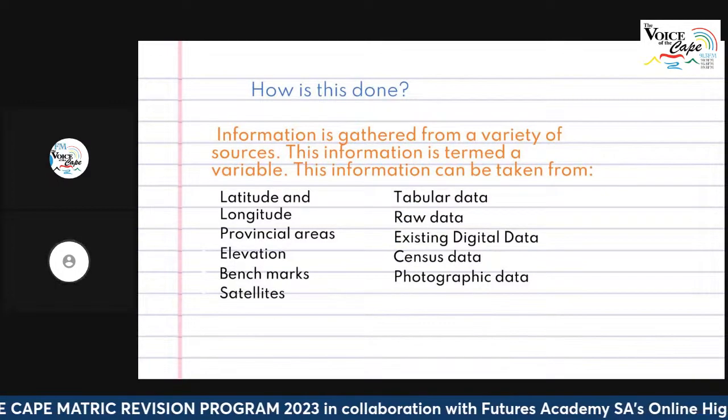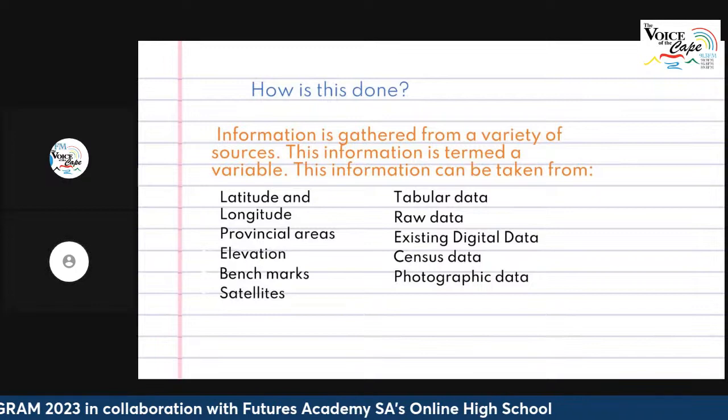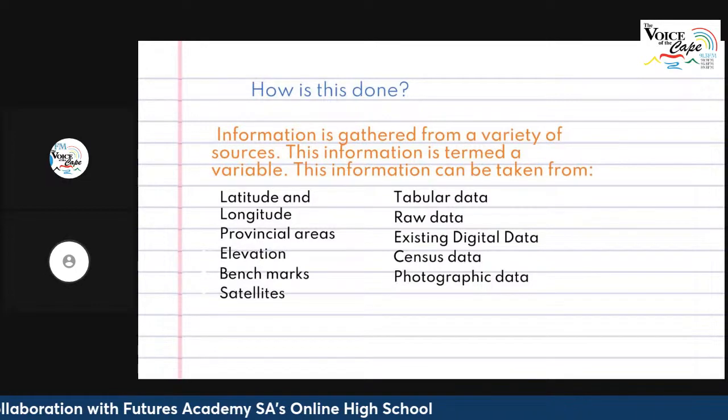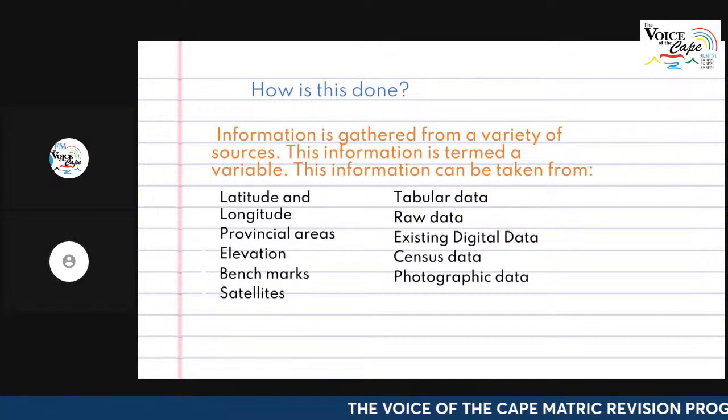How is it exactly done? We use information that is gathered from a variety of sources, and this information is called a variable piece of information.